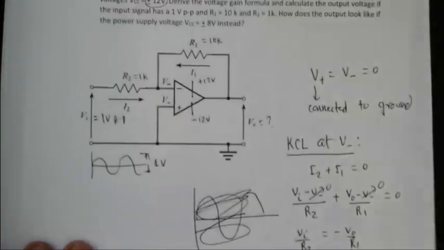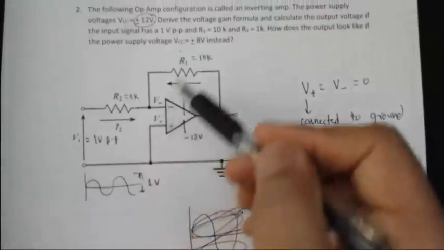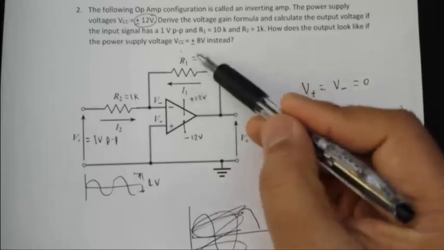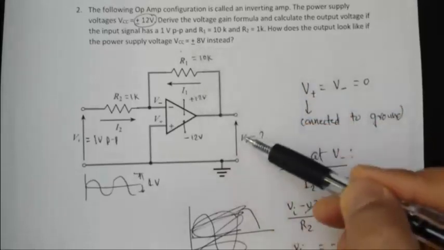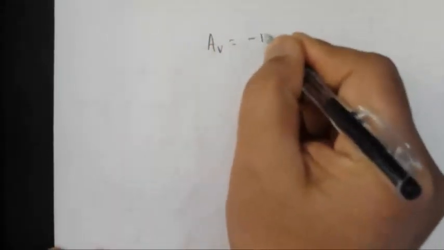Now the next question has a second part. What happens for the same configuration, same resistors, same input, if you apply the power supply as plus and minus 8 volts? What would the output voltage look like? You can just imagine that. In this particular example, your voltage gain is negative 10, which we found from here.